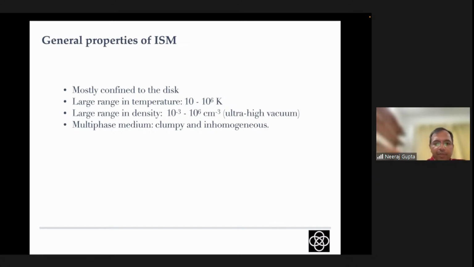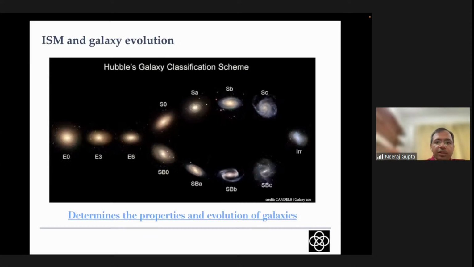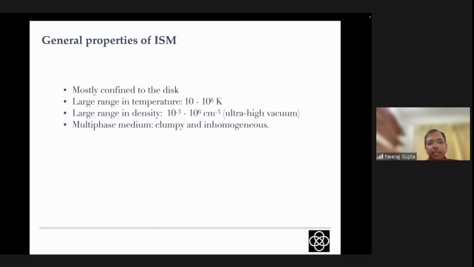In the subsequent slides, we are going to focus more on the late type galaxies, like the gas-rich galaxies where the disk component is prominent. Mostly in these galaxies, the ISM is also confined to the disk, but we do see a large range in temperature. The gas can be at temperatures starting from 10 Kelvin. We are talking about gas which is very cold, cold molecular gas. And at the other end, it can be as high as 10^6 Kelvin, and here we are talking about gas which is ionized.